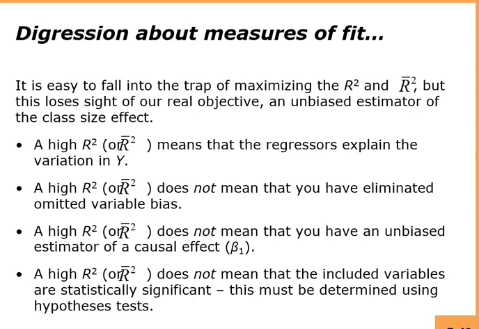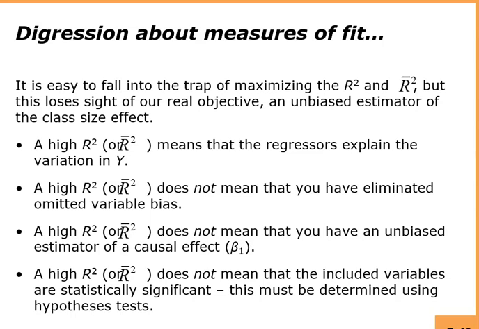There's no guarantee that you have eliminated omitted variable bias when you have a high R-square. And similarly, you cannot really say with a low R-square that you have not eliminated omitted variable bias. The presence of omitted variable bias should be dictated by your economic theory surrounding the econometric model.